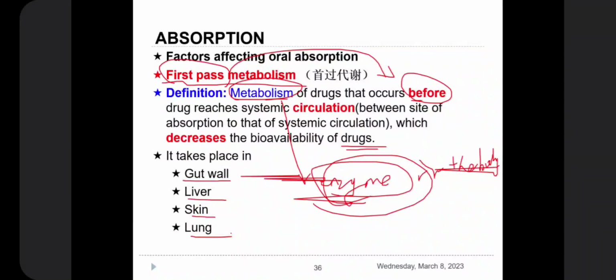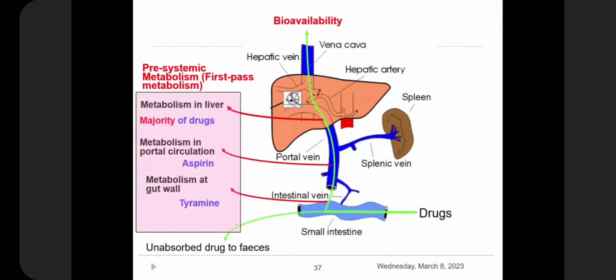So when we talk about this definition, we put the emphasis on the time: the metabolism occurs before the drug reaches the systemic circulation. That is first pass metabolism. Now let's see a figure to understand it well. This is oral administration.